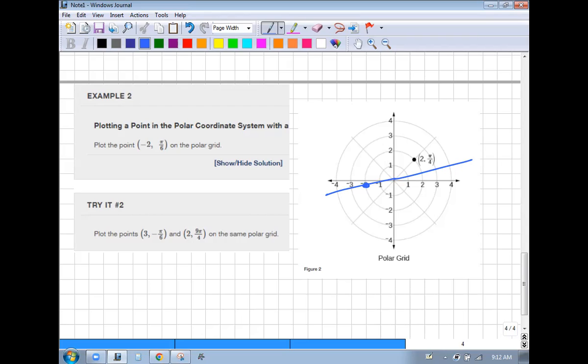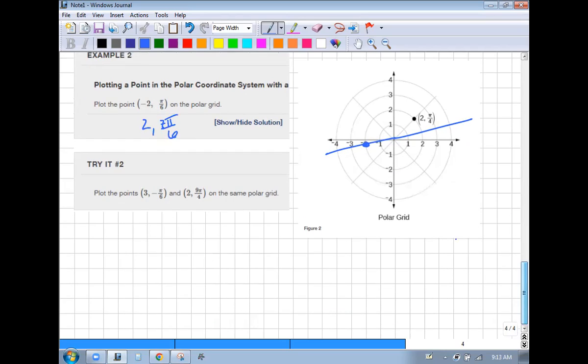Intuitively, a negative radius means go in the opposite direction. But in applied math, the radius is always positive, right? Instead, you would write 2 and then what, 7 pi over 6. But they just want to make sure you understand the negative radiuses.